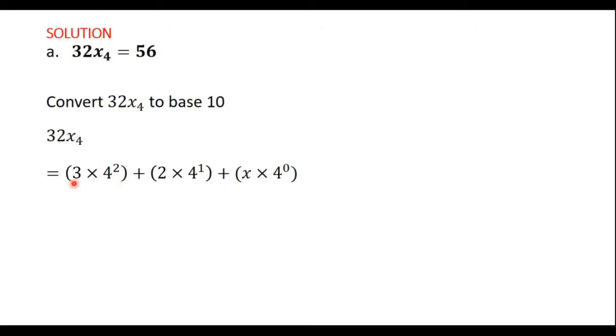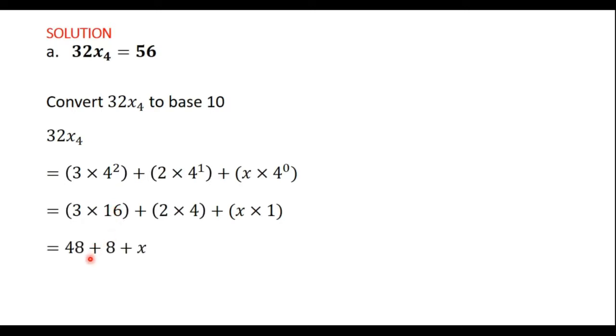We have 3 times 4 squared, which is 16, plus 2 times 4 exponent 1, which is 4, plus x times 4 exponent 0, which is 1. So 3 times 16 gives us 48, 2 times 4 gives us 8, and x times 1 gives us x.